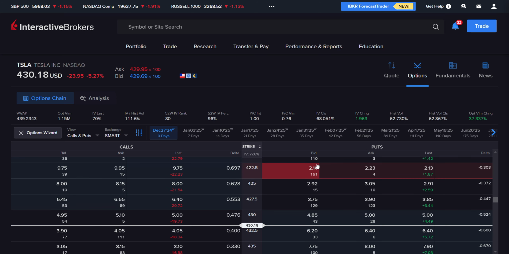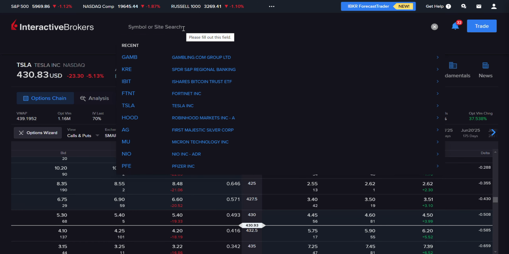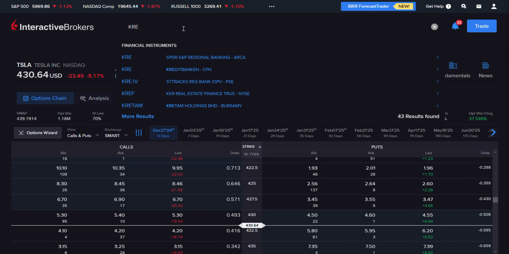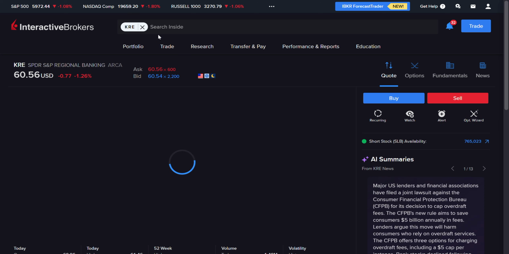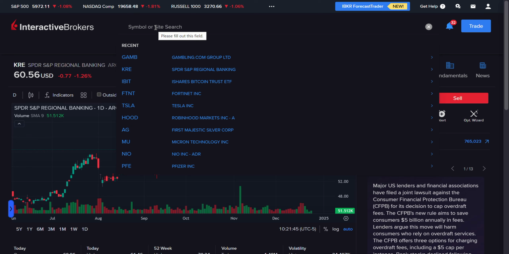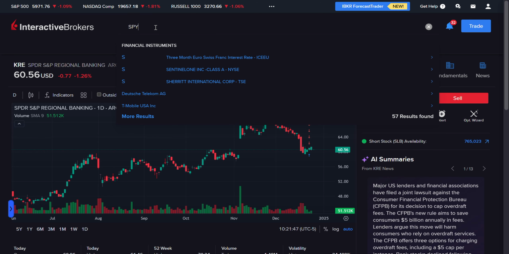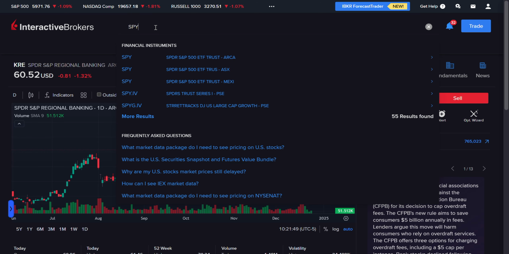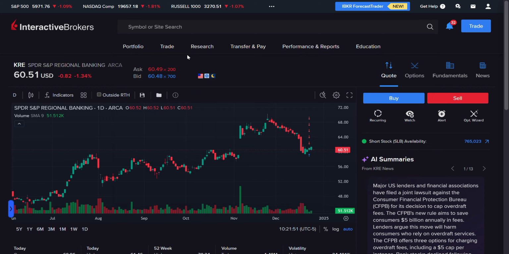Now, what is an underlying? An underlying usually could be a stock, like Tesla, or it could be an ETF. So let's take a look. A famous ETF would be the SPY ETF here.